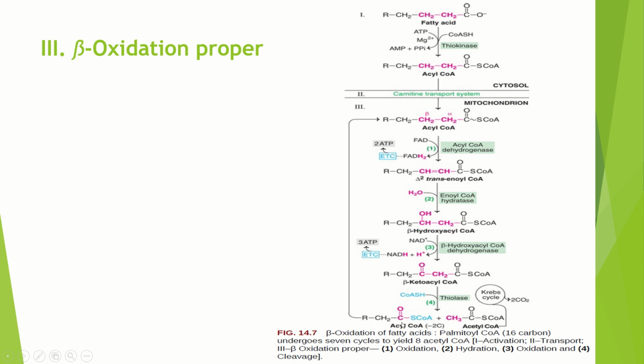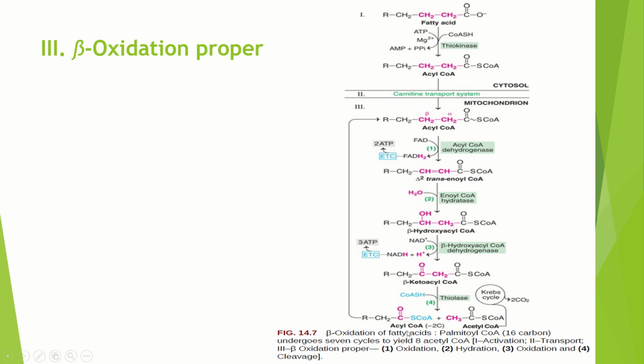So the acyl CoA is formed with 2 carbons less than the original fatty acid. This acetyl CoA released as the product of beta oxidation will participate in the Krebs cycle and further be oxidized.